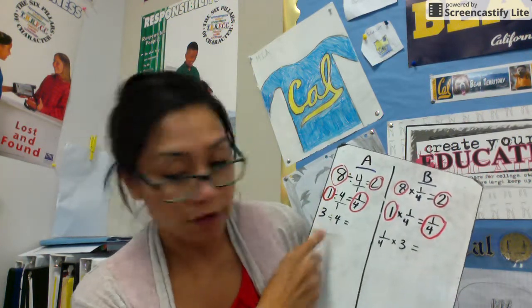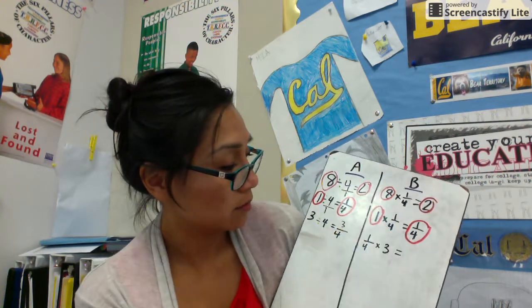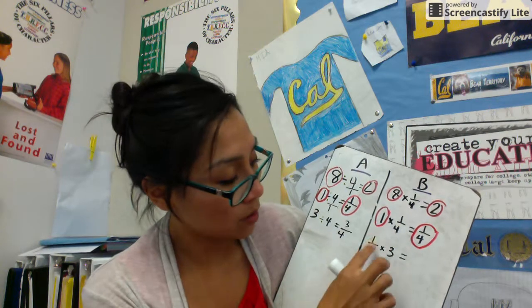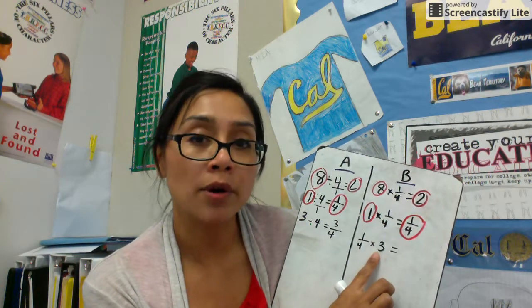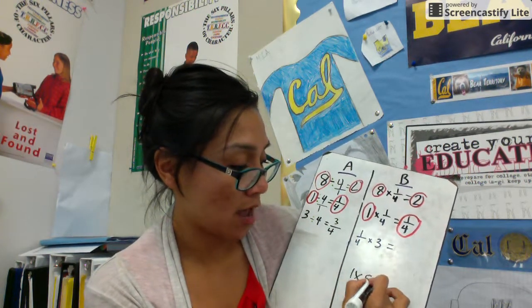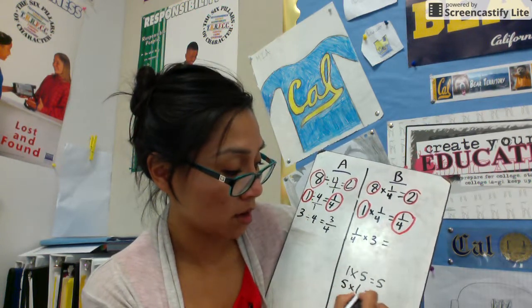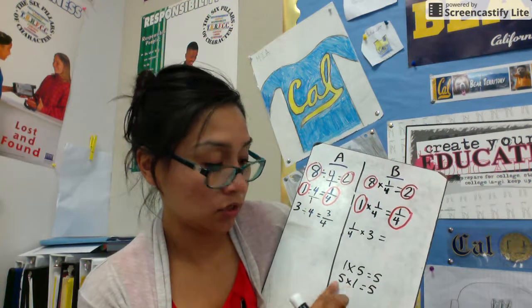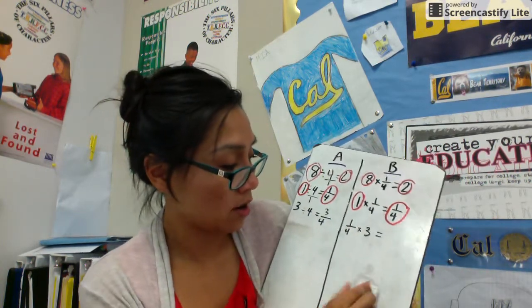This says 3 divided by 4. We figured out it was 3/4, okay? And this one says 1/4 times 3. Well, I know that there is such a thing called the commutative property of multiplication, which means that 1 times 5, which we know is 5, is the same thing as 5 times 1. Okay, I can switch these two numbers around and it wouldn't change my answer. So I think I'm going to do that here.